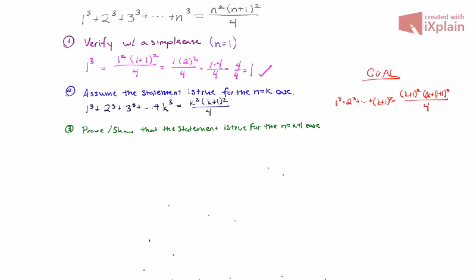So let's go ahead and get to it. I'm going to start off with the above statement, because I know that is true. That's what I'm assuming is true. And I'm going to add k plus 1 cubed to both sides. I know that this is true because if I add the same value to both sides, then that truth statement is still true.